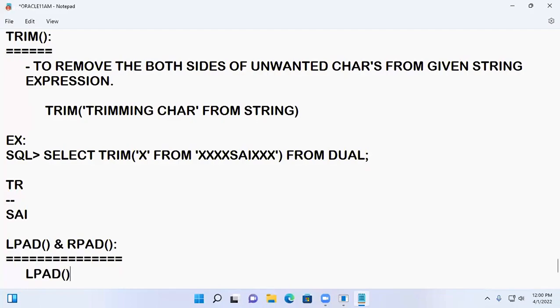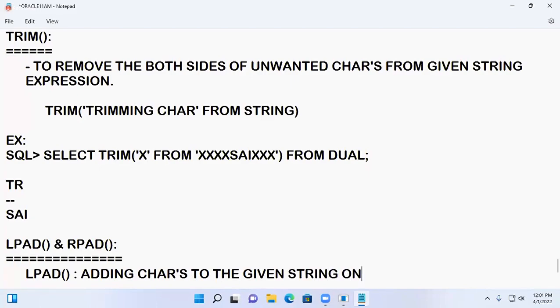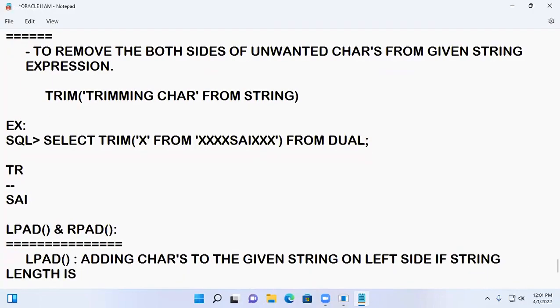So L pad is nothing but adding characters to the given string on left side, if string length is less than user defined length.